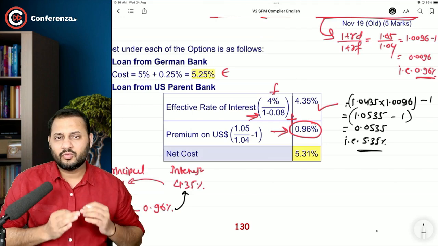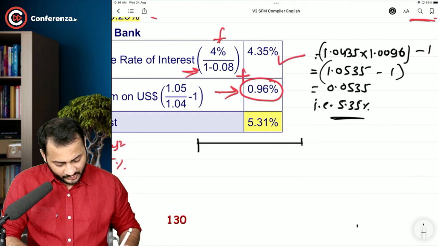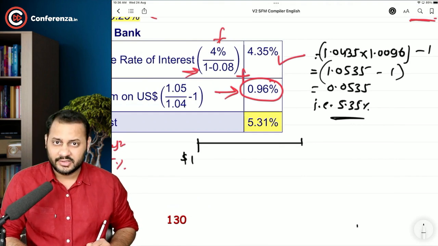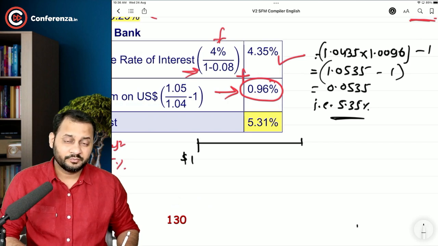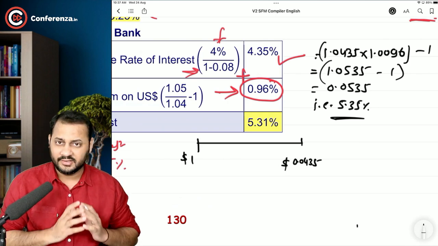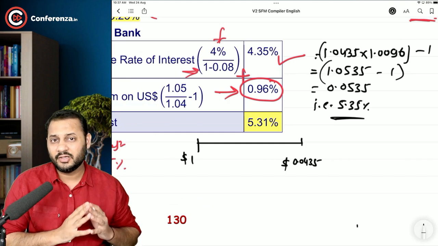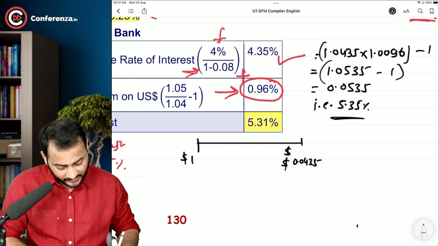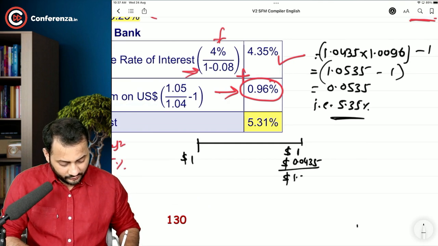So all in all, what I want to say is the institute should understand that if you borrow $1 at this point, the interest cost of the $1 will be 0.0435 at the end of the year. But do not forget to make the repayment of that principal as well. So the total amount of dollar that you have to pay is 1.0435.